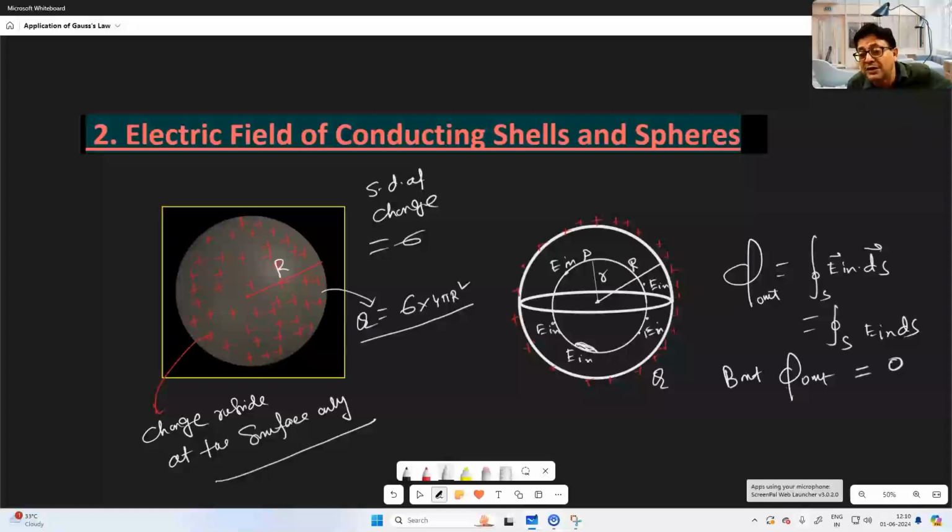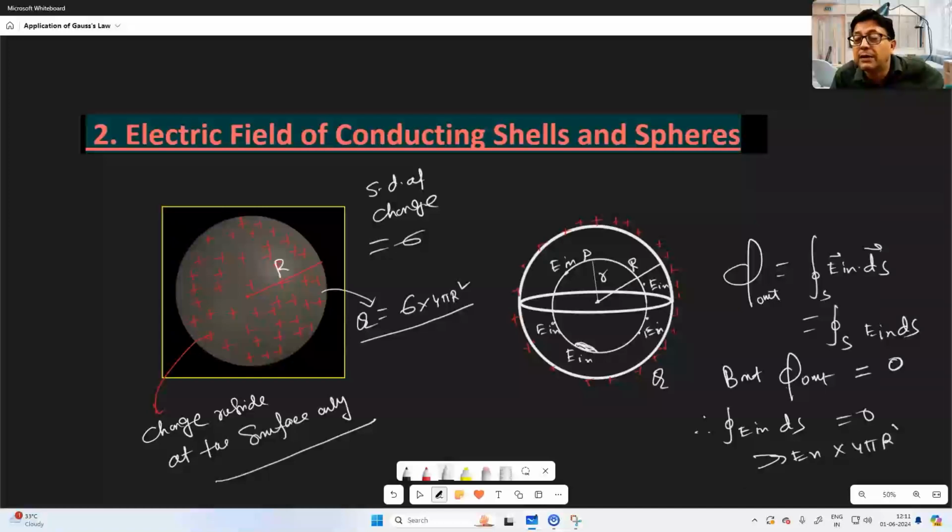If it doesn't enclose any charge, then flux will be 0. So therefore, E in into integral ds is equal to 0. Now E in will come outside, integral ds is 4 pi r square. So E in will be equal to 0. Clear? Inside the charged spherical shell, electric field is 0.